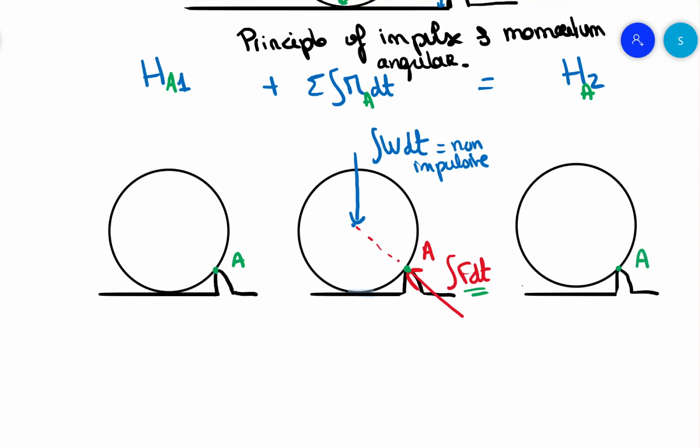So for the initial position, we need to look at initial and final velocity, for the angular velocity omega 1, omega 2, and for Vg. Just before we touch the little step, Vg is horizontal, and we say that Vg1 is equal to 0.2 omega 1 because that's 0.2, right?